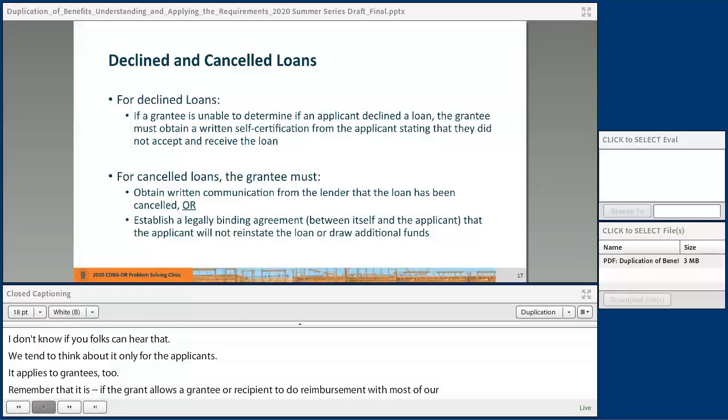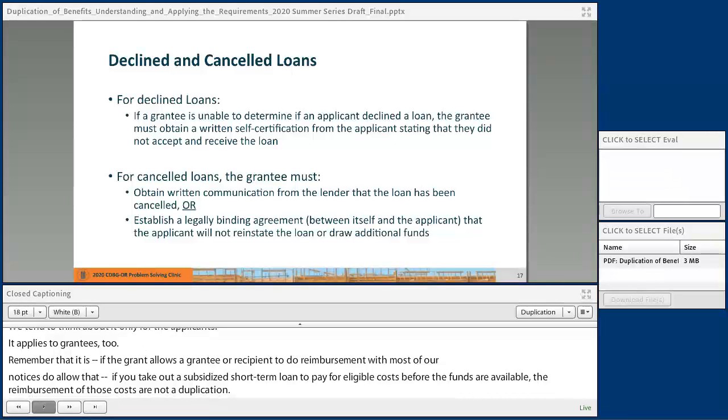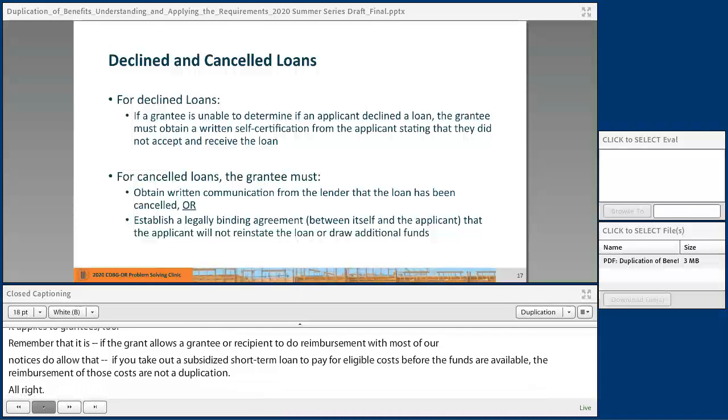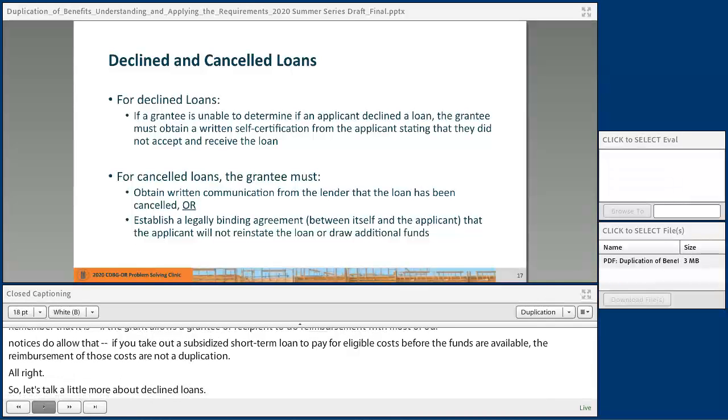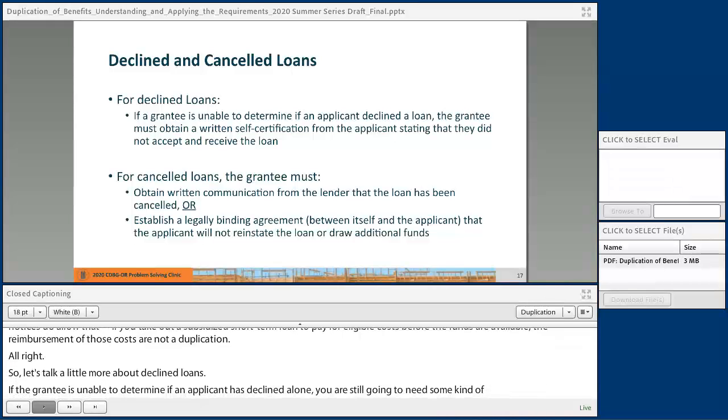All right, so let's talk a little more about declined loans. If a grantee is unable to determine if an applicant has declined a loan, you're still going to need some kind of paperwork, right? We all know you have to document this stuff, and sometimes it's difficult, especially in the case of a declined loan where the applicant just never signed the loan paperwork.